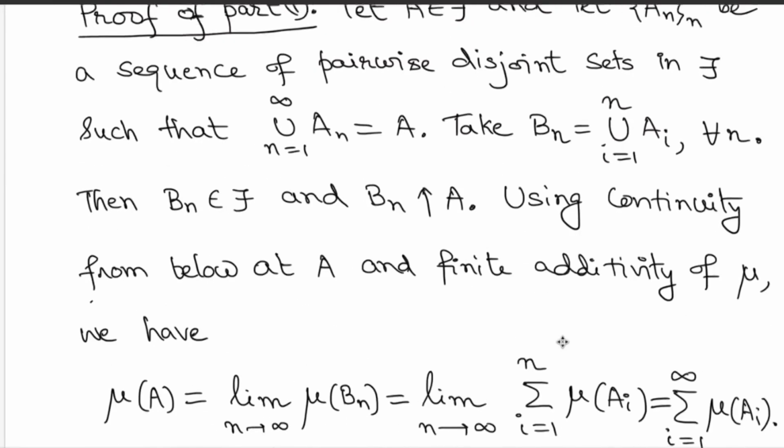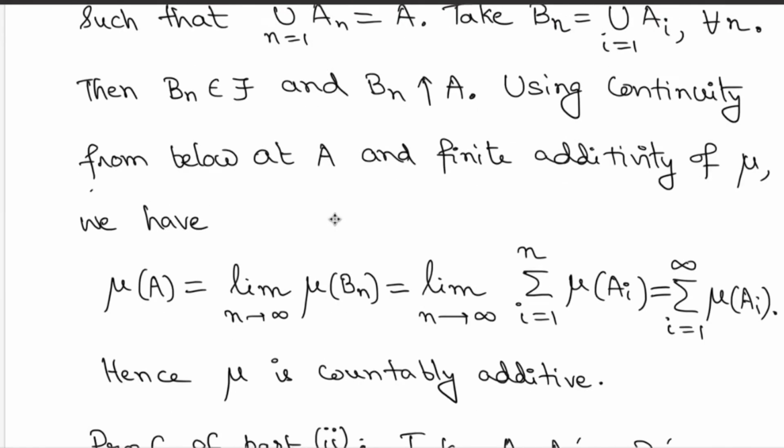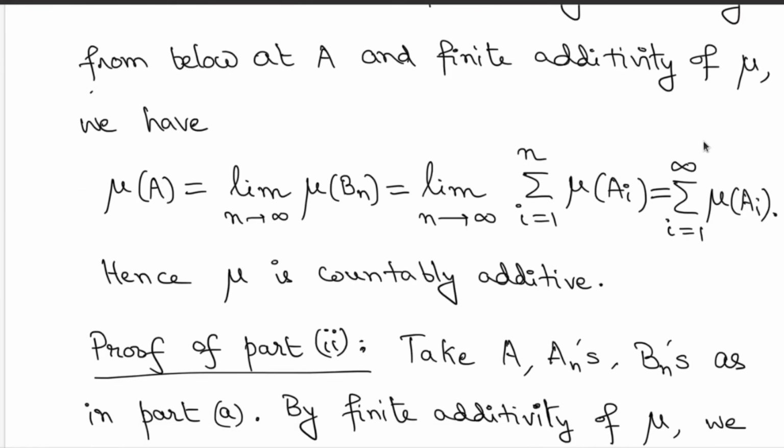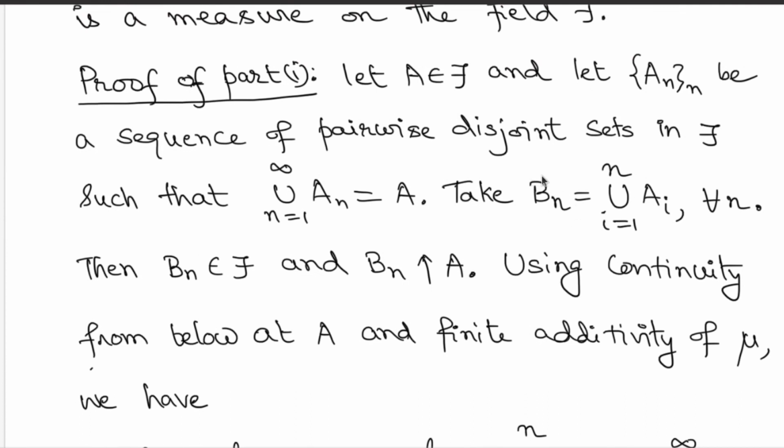So in both these properties, we take a sequence of pairwise disjoint sets, look at the union, and show that its size is the countable sum of the individual sizes. To do that, we just make use of the structure of these sets Bn, which increase to the union.